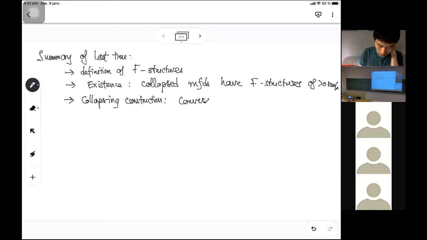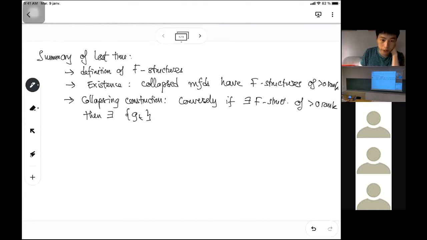So conversely, if there exists an F structure of positive rank, then you can find the collapsing family of metrics. So as the parameter t goes to 0, your injectivity radius goes to 0, and the sectional curvature is uniformly bounded in terms of the first metric, G1.